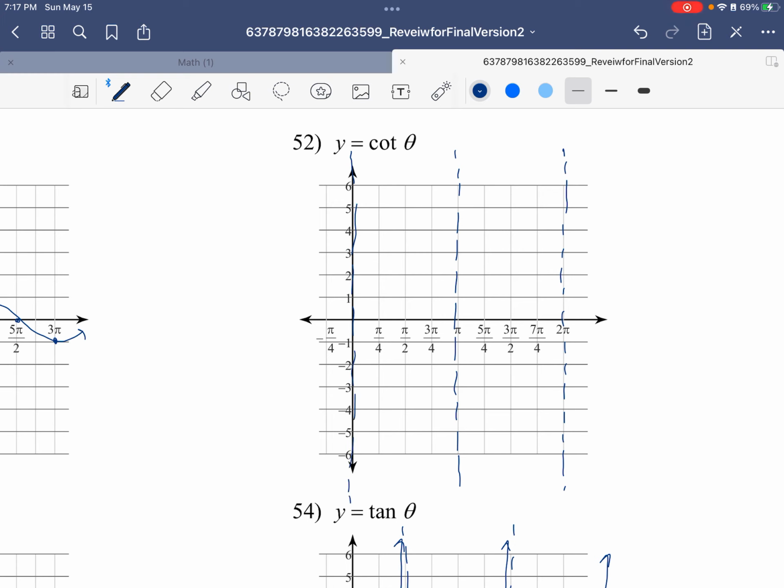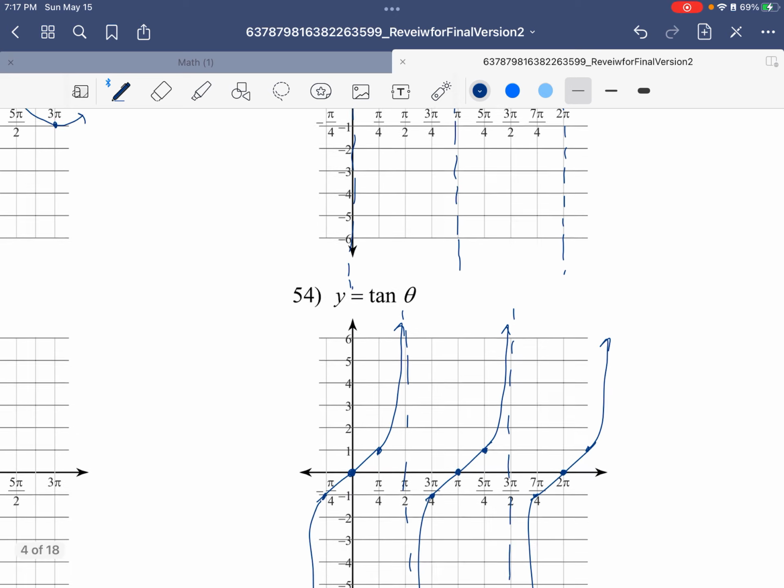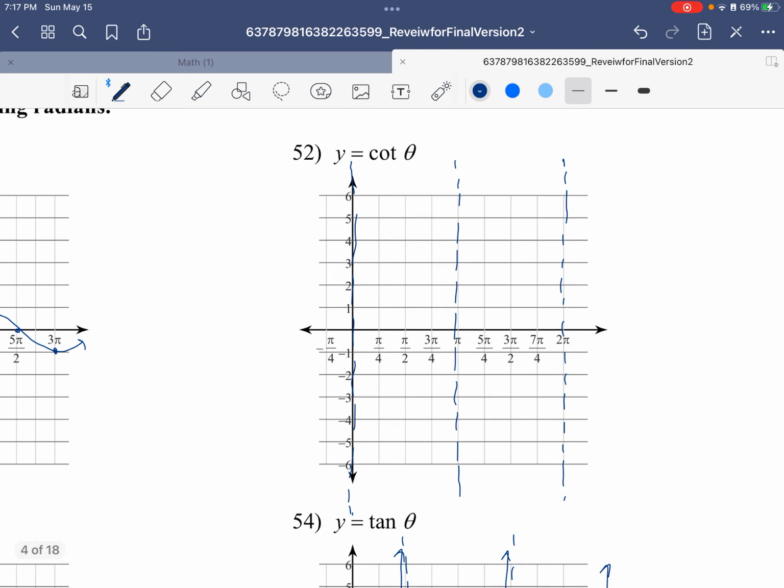And this idea relates to a few of the later stuff we'll do. And then where the asymptotes would be for tangent is going to be where our points are. So just halfway, in between these vertical asymptotes is going to be an intercept for the graph.